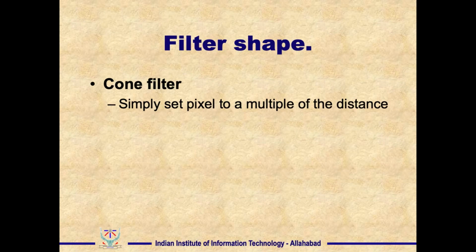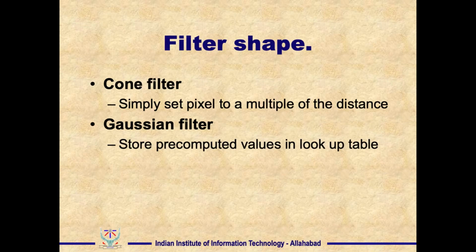Now, conical filter: a simple set of pixels to a multiple of the distance. Gaussian filter: store pre-computed values in a lookup table, and each time you move 5 pixels above, you start coloring those from an intensity array.